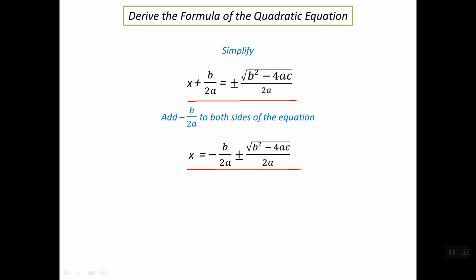On the right side, we have two fractions with the same denominator, which is 2a. So now we can combine these two terms. So it becomes x equal to minus b plus or minus the square root of b squared minus 4ac, all over 2a.